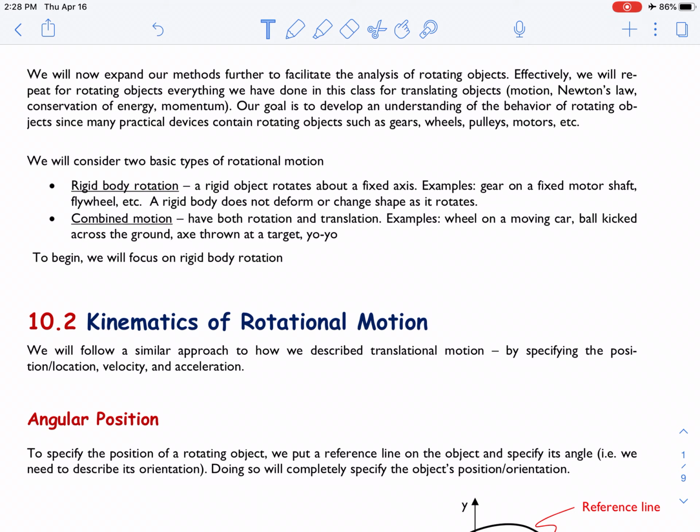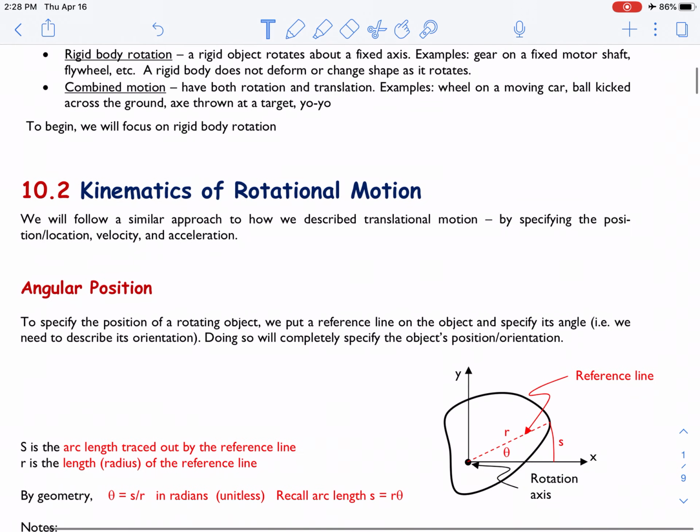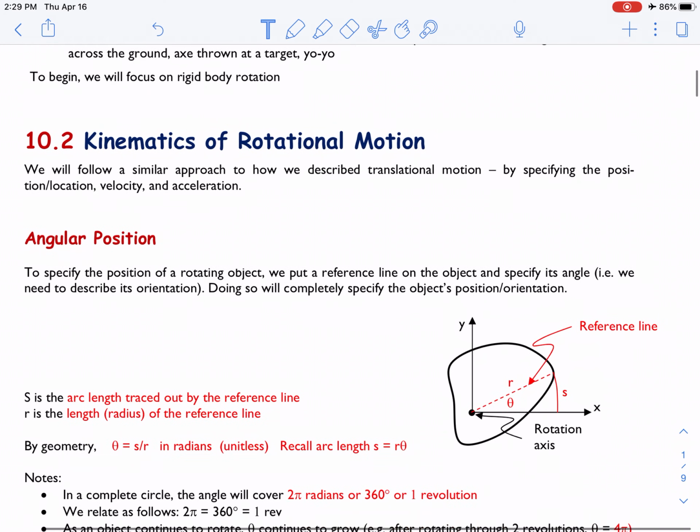So let's focus on the rigid body rotation first. And so we're going to talk about kinematics of rotational motion. Again, this is a different topic, but we are going to use a lot of what we learned, and it's very crucial that you remember those and recall them when they're needed. This topic will build upon what we learned before.